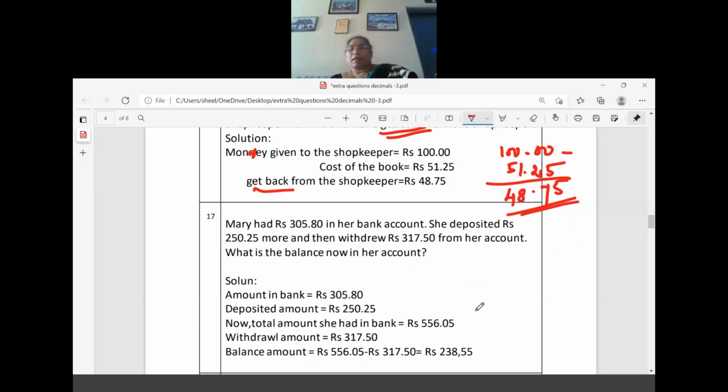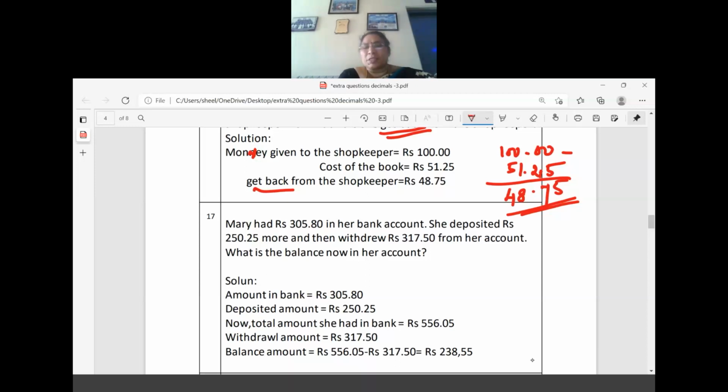Next question. Mary had rupees 305.80 in her bank account. She deposited rupees 250.25 more and then withdrew rupees 317.50 from her account. What is the balance now in the account? You can already see that the word balance is there, so subtraction only. But before that, one more activity happened here. What is that? Let us check once again.